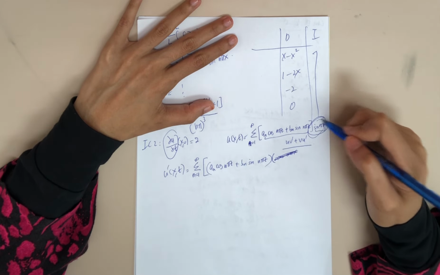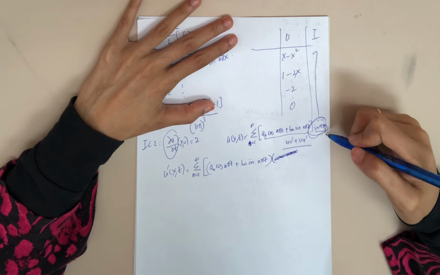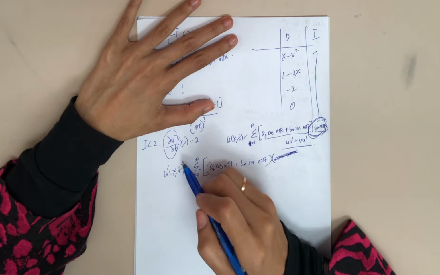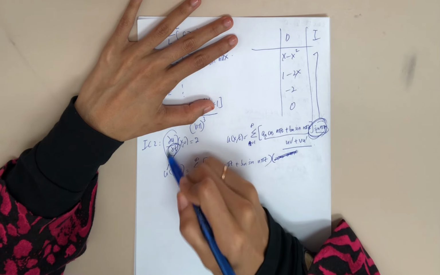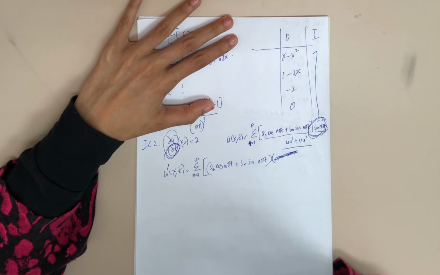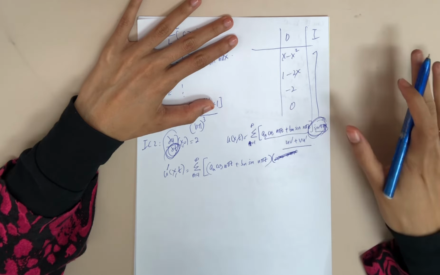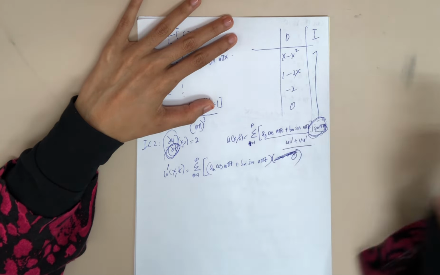So you need to differentiate this with respect to what? You look back. You differentiate with respect to t, class. T. This is sin n pi x. They have no t. So that means it is equal to 0.